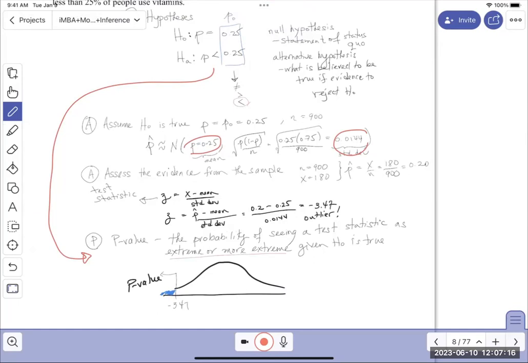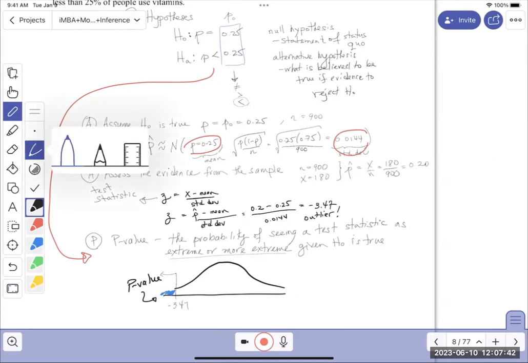If we use our table, what do we get? Go to the table. So we're converting number of standard deviations from the mean to a percentile. So we want the percentile. We want the tail value, the tail probability. That's another way to speak of it.